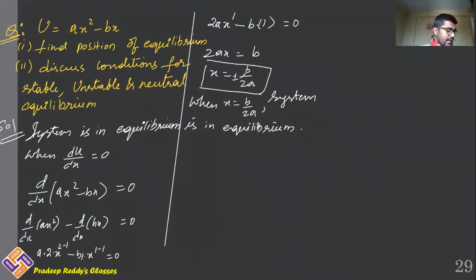Now, when you are taking it as plus b by 2a or minus b by 2a, you need to check whether the d square u by dx square is positive or negative or equal to 0. So I'll just check the conditions for stable, unstable or neutral equilibrium.